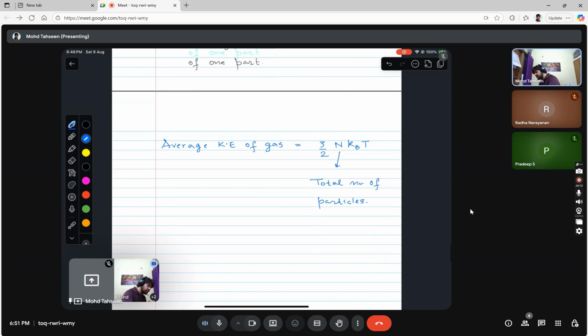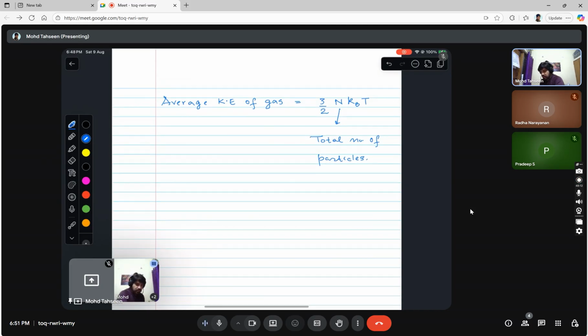Now if we want to find the energy density, we define another quantity called the energy density, which is defined as average kinetic energy per unit volume. So in a unit volume, how much kinetic energy is contained? This will be 3 by 2, and here this N we'll have to divide by volume, right?